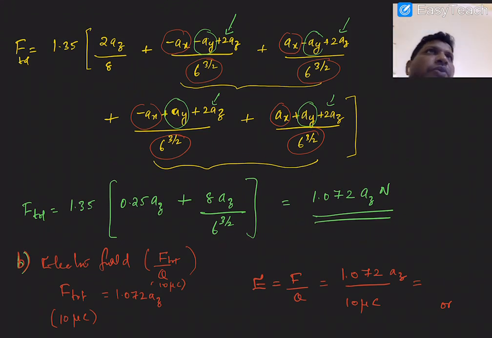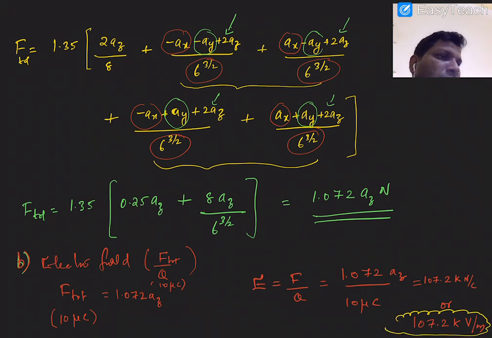So this will be equal to 107.2 AZ kilonewtons per coulomb, or we can say it is 107.2 AZ kilovolt per meter. So this is the usual unit for electric field that I have already discussed in that class, right? So I hope it is clear to you. Thank you.